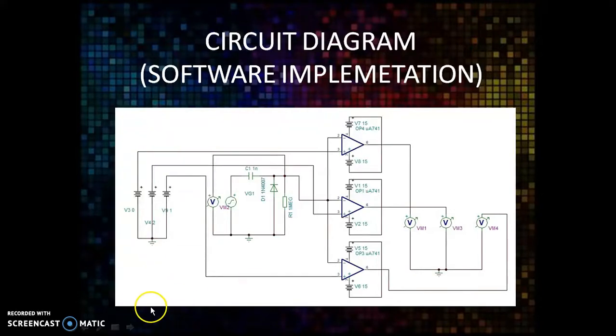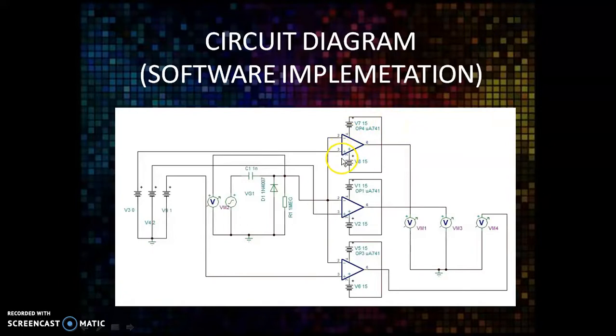As you can see, a sinusoidal signal is given to all three inverting terminals of the op amp, while the DC supply is given to the positive or non-inverting terminals of the op amp. Here you can see that this op amp acts like a comparator. Therefore, if the positive voltage is greater than the negative voltage, we get plus 15 volts as the output.